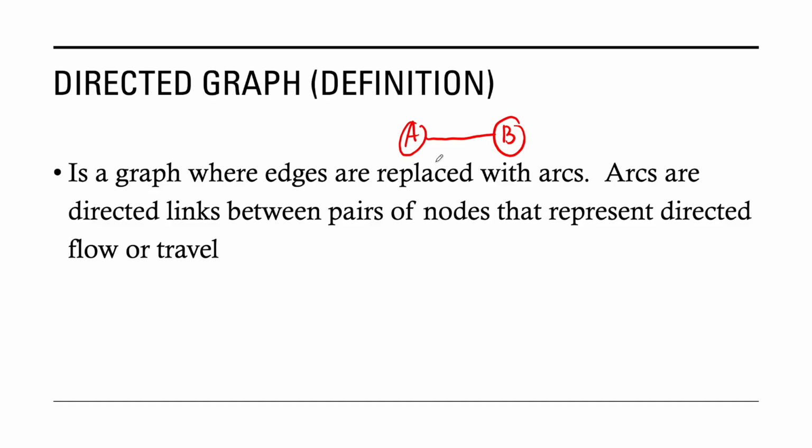We will have a directed graph if this edge is now replaced by an arc. And what does an arc look like? An arc essentially is an arrow. By definition, arcs are directed links between pairs of nodes that represent directed flow or travel.